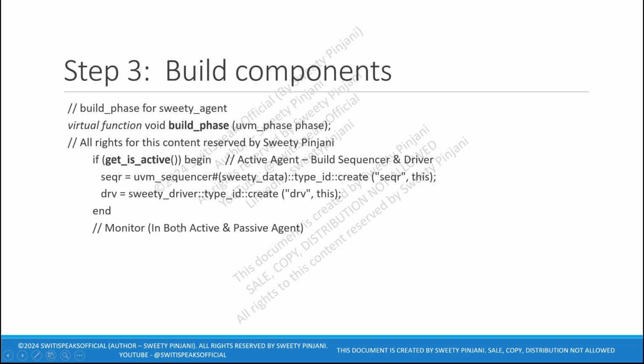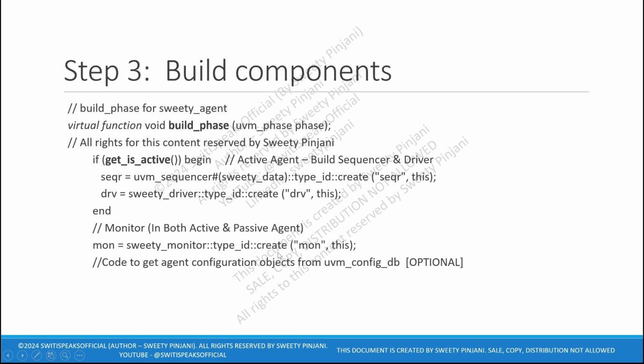And monitor I'm creating for both my passive as well as active agent, because both passive and active agent will have the monitor. And in case you want to do some configuration, you will also create the configuration object. This is an optional step.